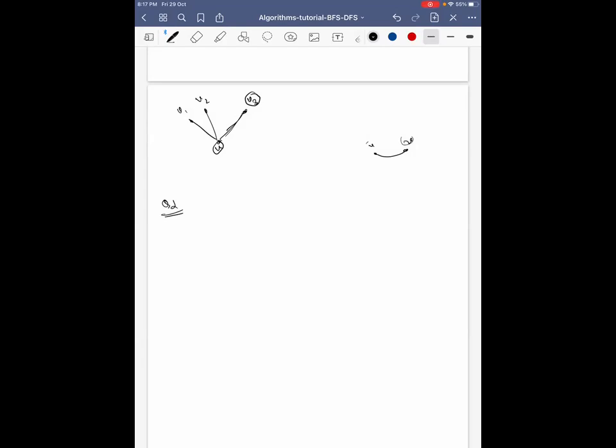Source will be A, but during the DFS algorithm we search all the edges, right? So at some point we will probably loop back to A. If we don't, then it's done. If we do, then we mark all the vertices at that point green. Because, wait.